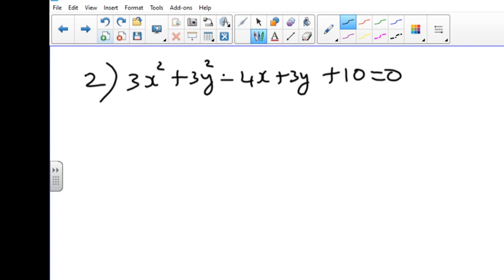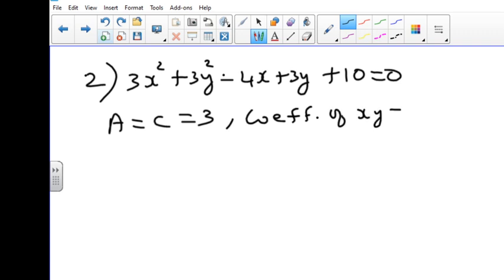Here, when you compare again with the general equation, A is equal to C is equal to 3, and coefficient of xy is equal to 0. So from the given conditions, we say that it is a circle because A is equal to C is equal to 3 and coefficient of xy is 0. That is, we don't have a xy term.